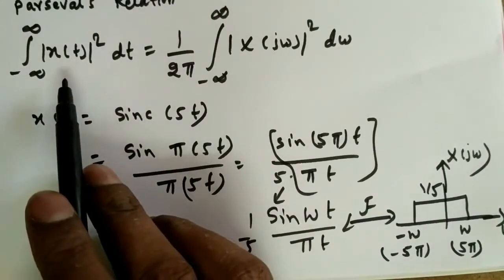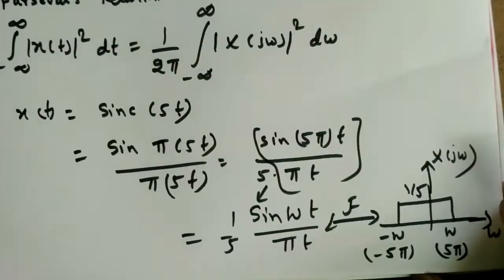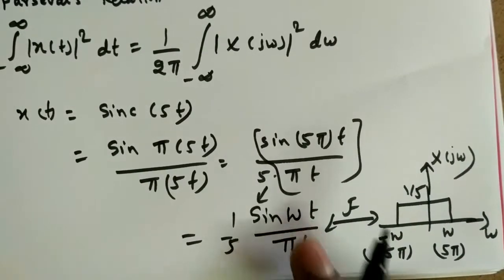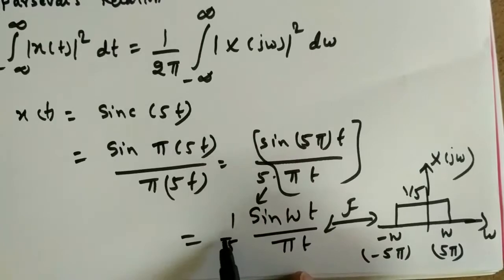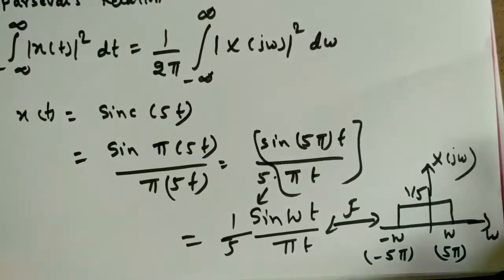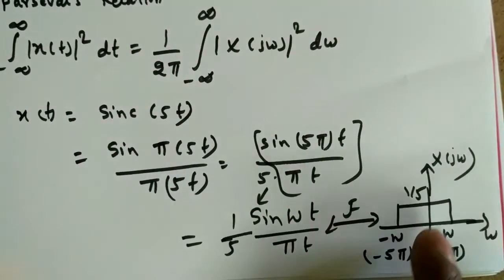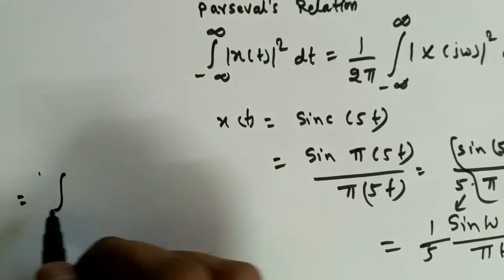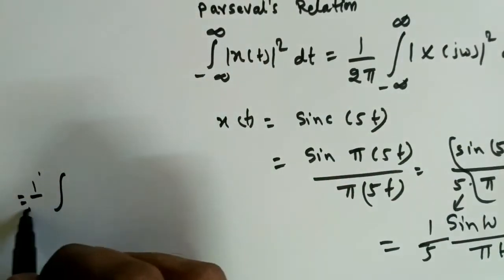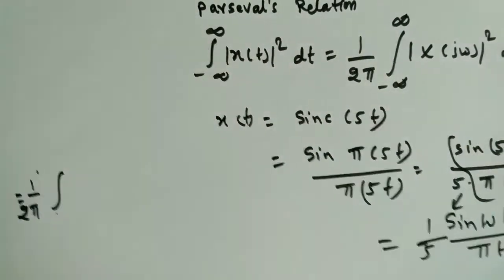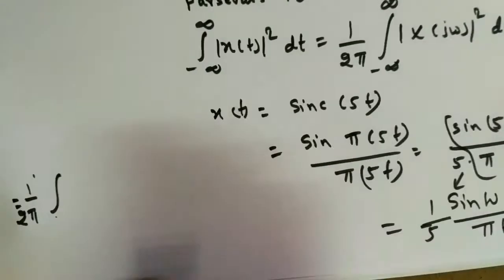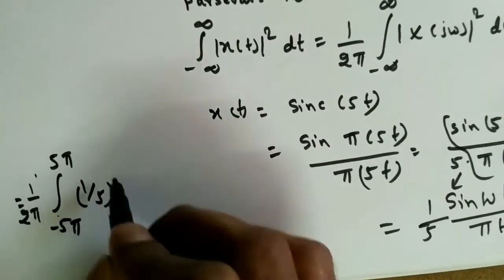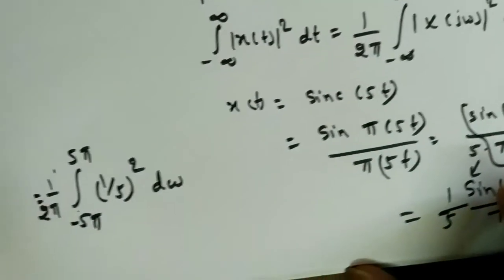Now we are using Parseval's relation and the rectangular function. In the omega domain we get sin wt by pi t in the time domain, and amplitude is 1 by 5. Now it's very simple to integrate this function x of j omega. So I write here Parseval's relation: 1 by 2 pi, the limits now become only minus 5 pi to 5 pi, the amplitude 1 by 5 whole square d omega.